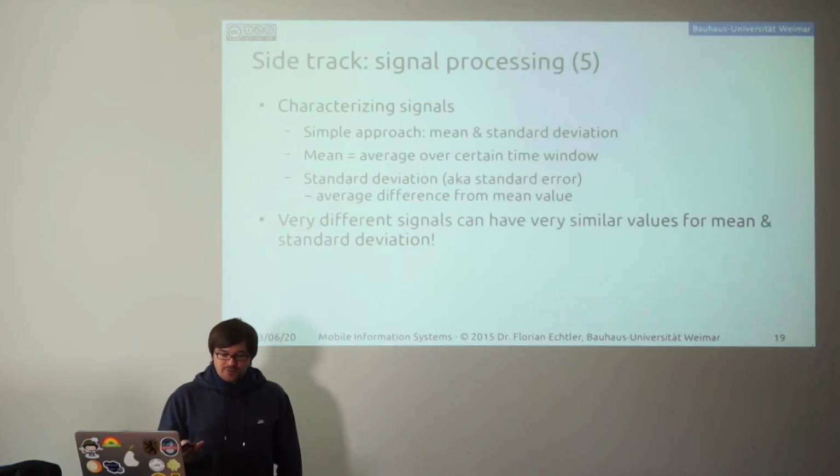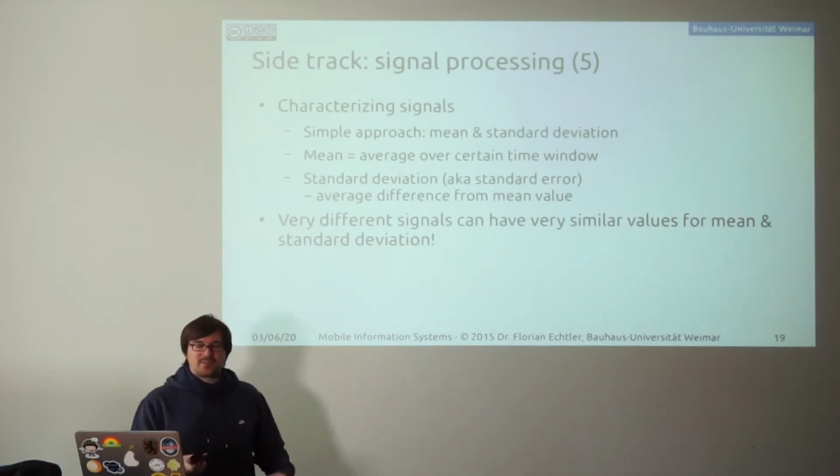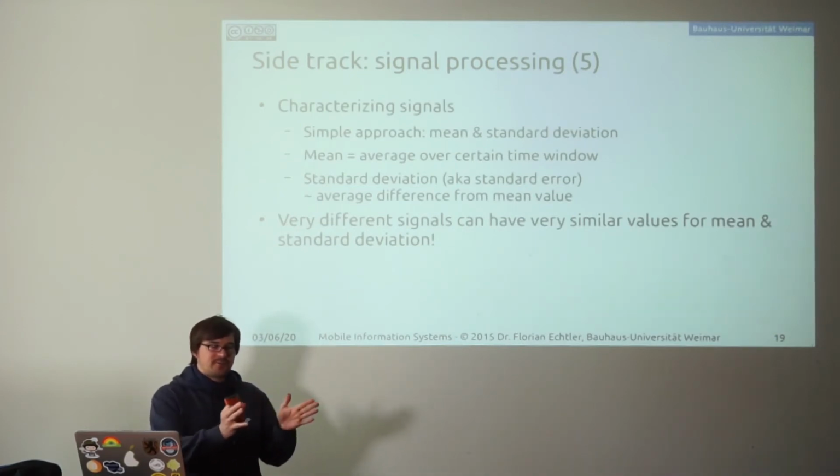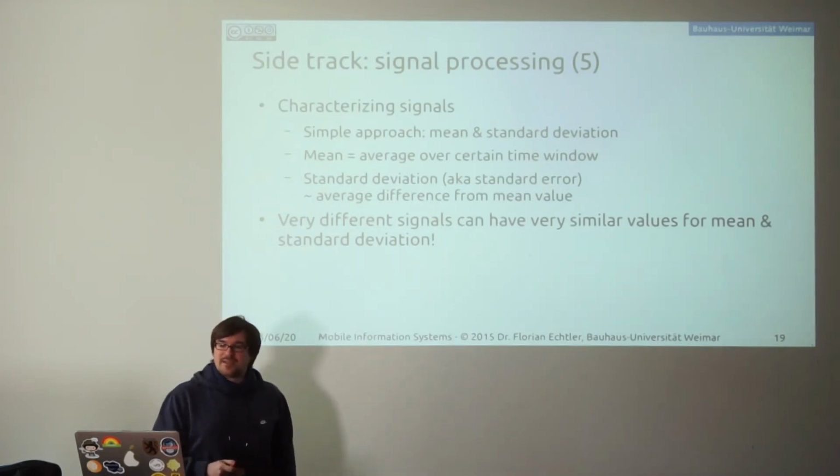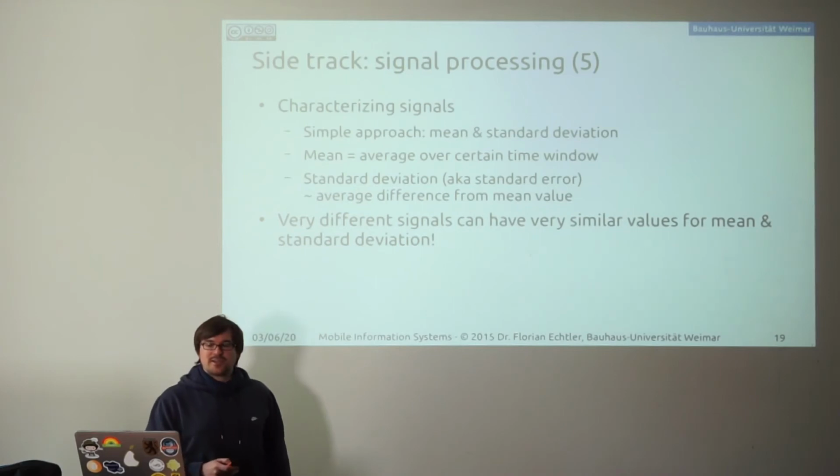One other simple approach to characterize signals is to take a time window of a bit of history of the signal, and then just calculate the mean and the standard deviation for that time window. So standard deviation or standard error can be very roughly approximated that this is kind of the average difference from the mean value.